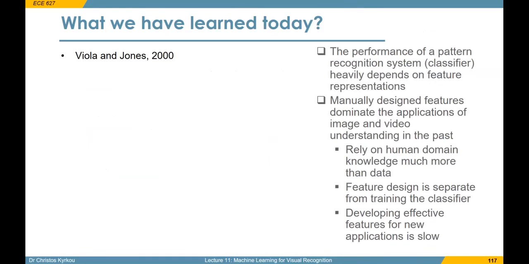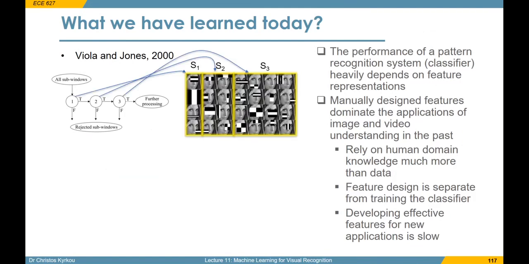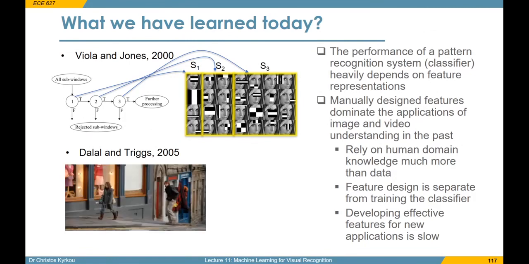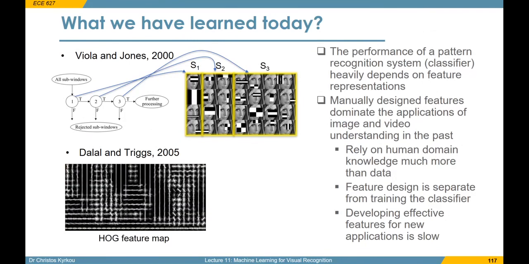So what we have learned today, basically, we saw some of the techniques that are considered state-of-the-art methods for object recognition. And these were before deep learning methods. They rely heavily on feature engineering and basically on human expertise to build those features.